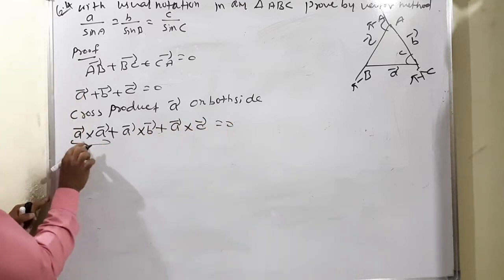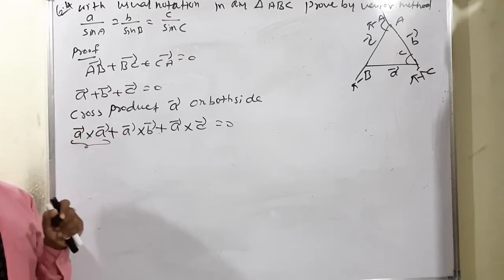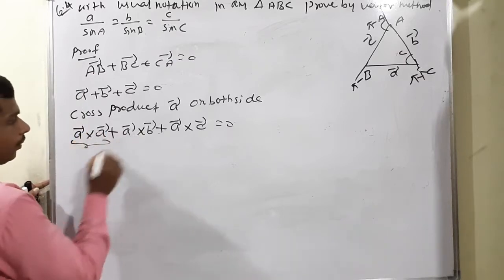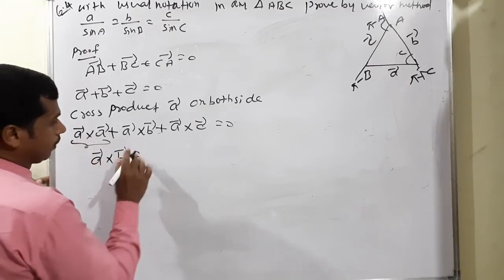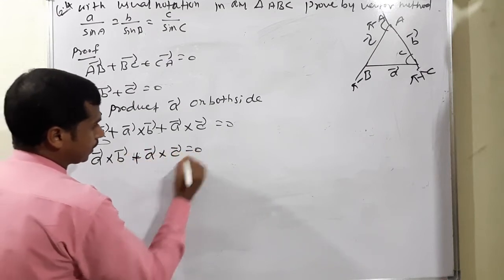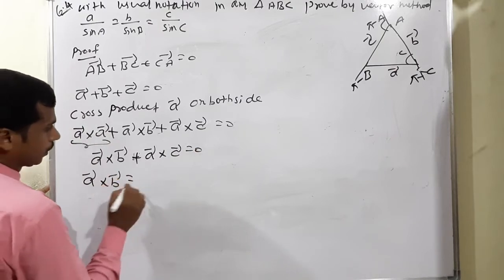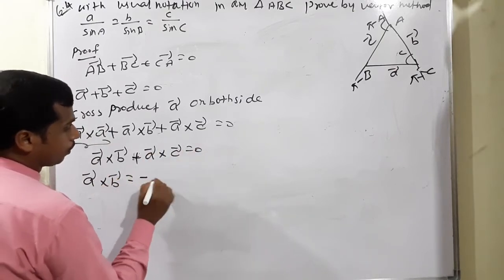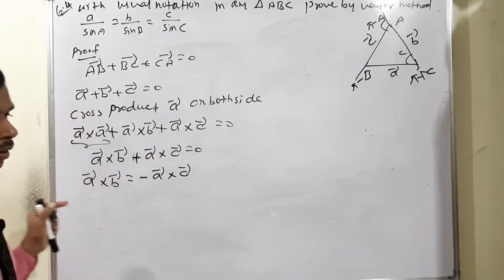Already we have discussed in the basic concepts that the cross product of like vectors is 0. Therefore we neglect it, and the remaining a vector cross b vector plus a vector cross c vector is equal to 0. Therefore a vector cross b vector is equal to minus a vector cross c vector.